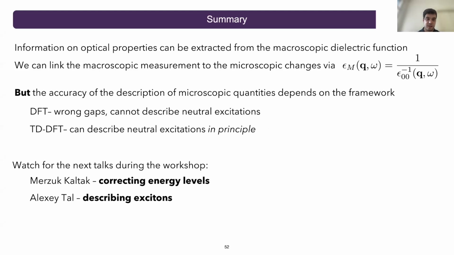And DFT is not at all a good framework with which to study optical excitations. And you can, in principle, use TDDFT, which should be able to describe neutral excitations. In the next lectures, you'll learn how to solve the DFT issue of the incorrect band gaps, and you'll also learn if and when TDDFT can compute optical excitations for each system, and also when it fails and why.